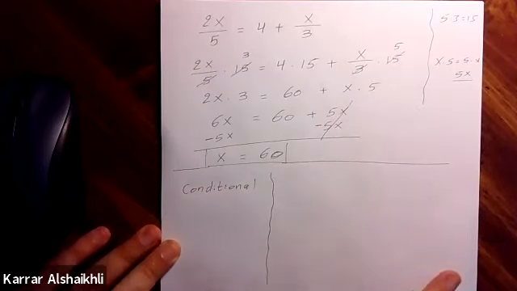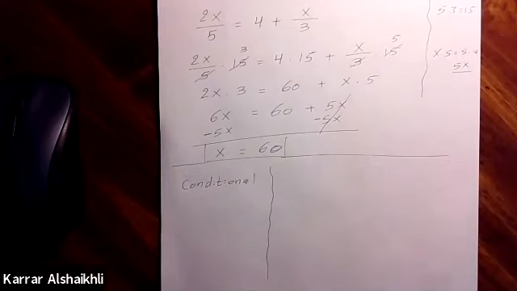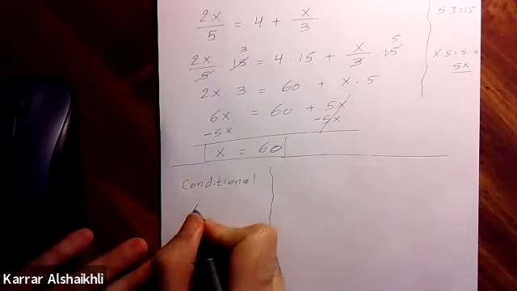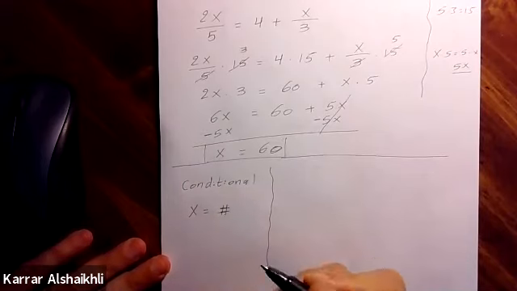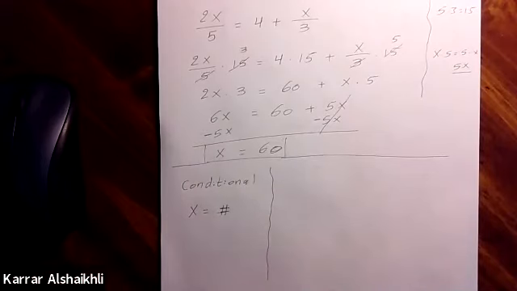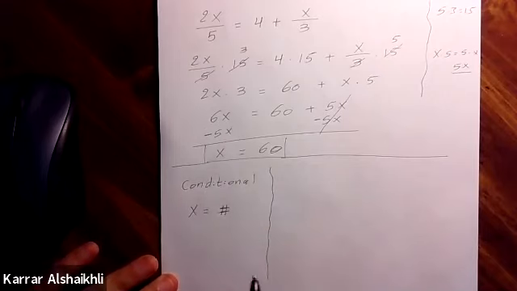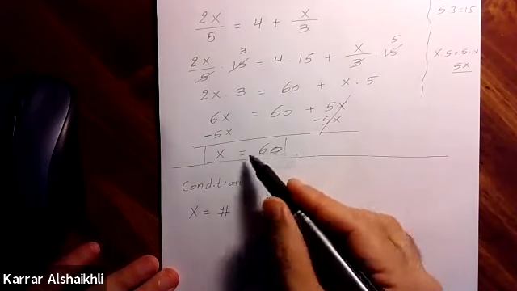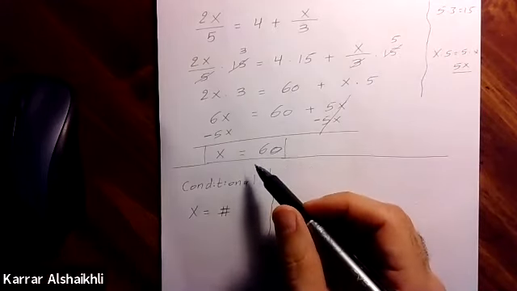Conditional solution: when you solve the linear equation and you find the solution is x equal a number, and it doesn't matter if it's negative or positive, it's a number. So like this example, x equal a number. We're going to call this one conditional equations.